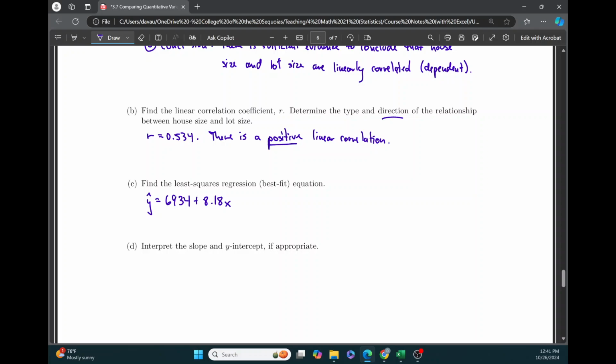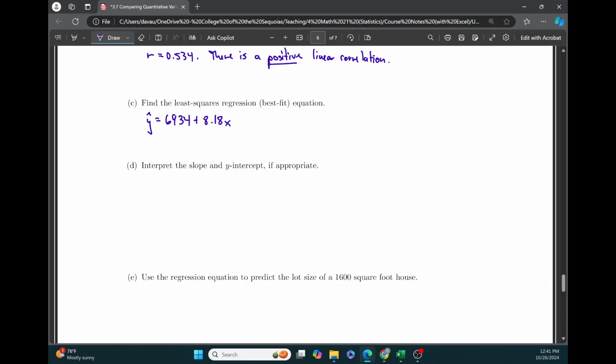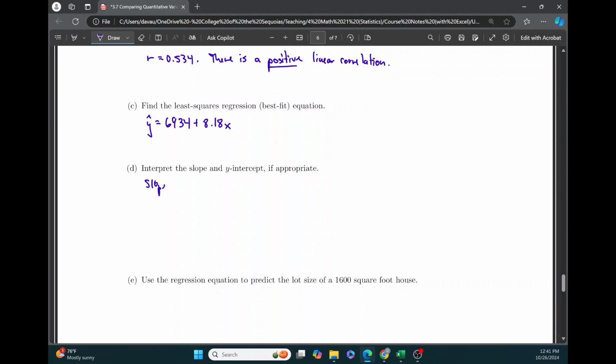Part D says to interpret the slope and the y-intercept if appropriate. Well, our slope is 8.18, right? And X represents the house size, right? Y represents the lot size.